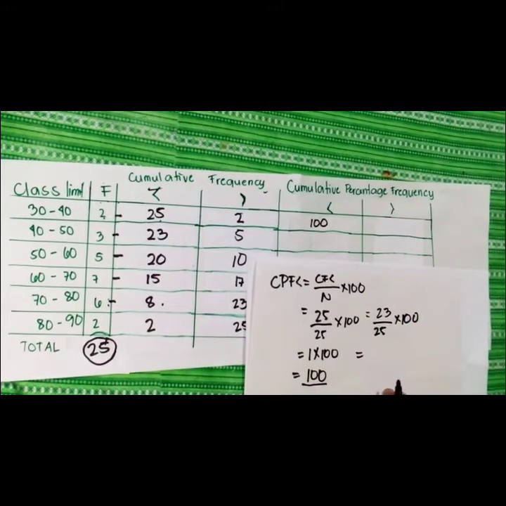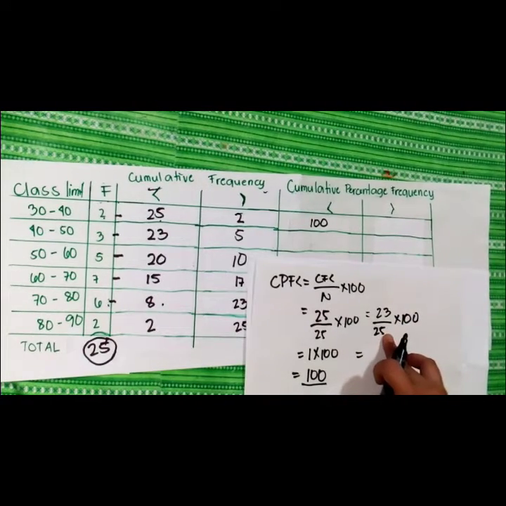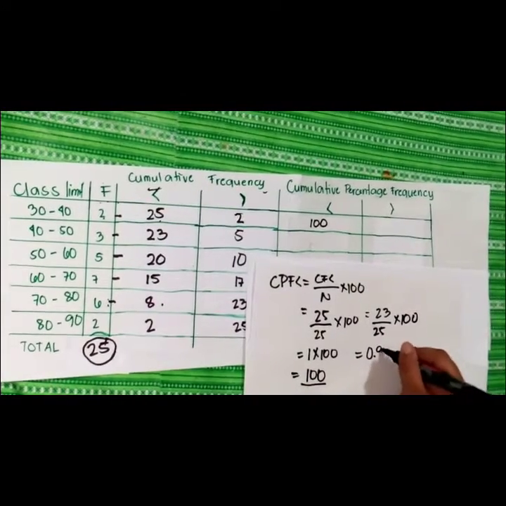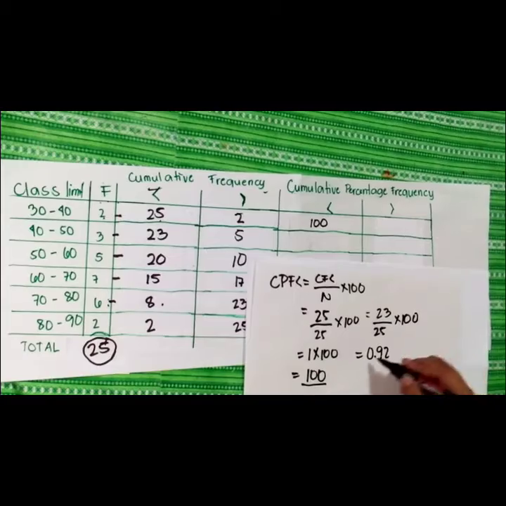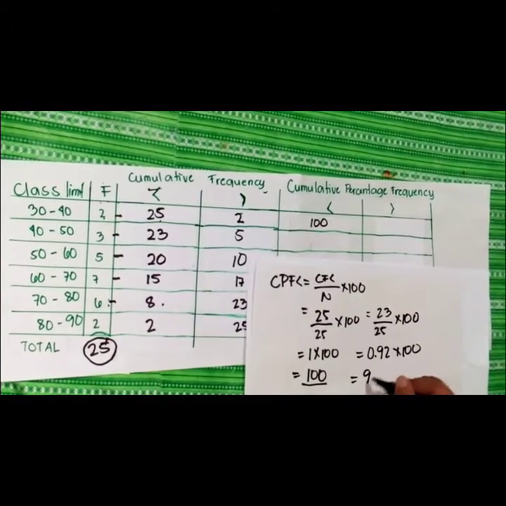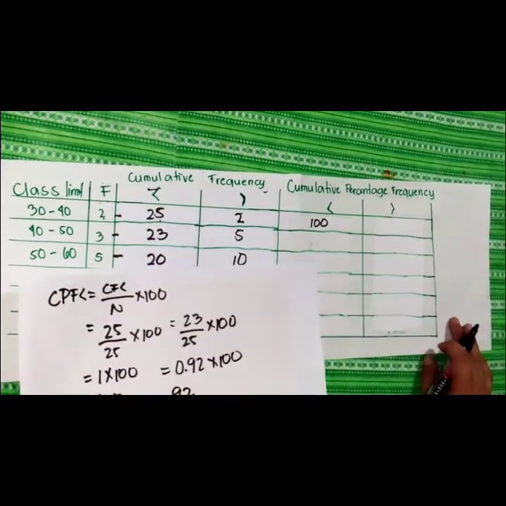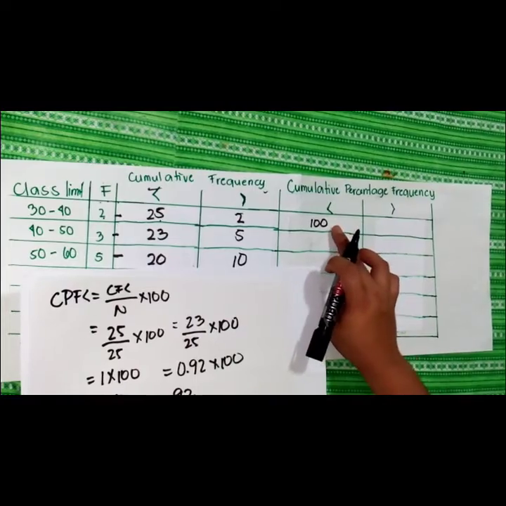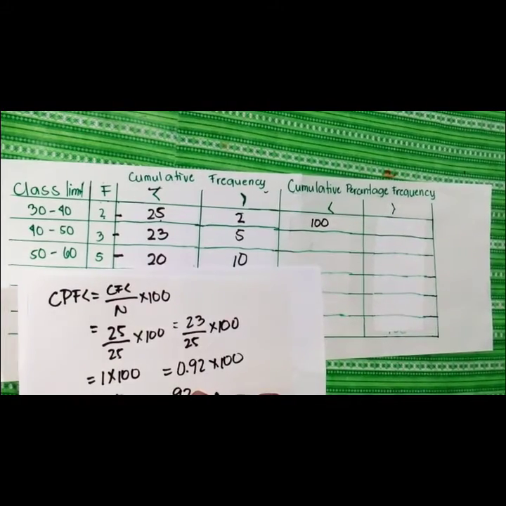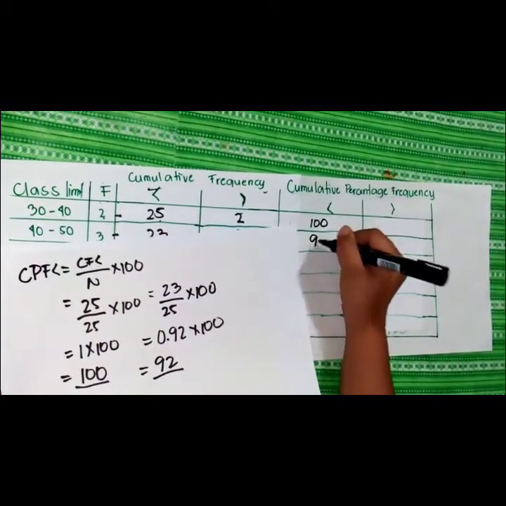So 23 divided by the number of cases, 25, is equals to 0.92. 0.92 times 100 is equals to 92. And that is how to solve it. So we write the 92 here in the second row.